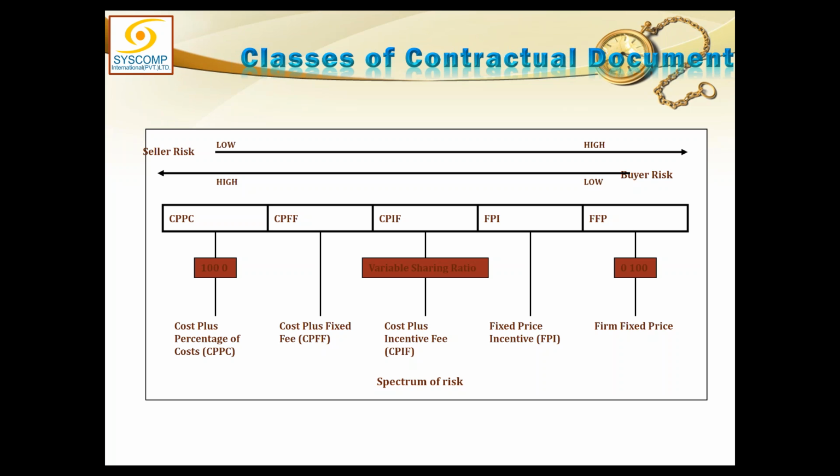If he delivers according to our requirement, we are ready to pay him extra in shape of incentive. On the other hand, where there is a fixed fee, the contractor knows that this is the amount he will be receiving in any case, so he has no incentive to get the job done at cheaper rates or earlier.